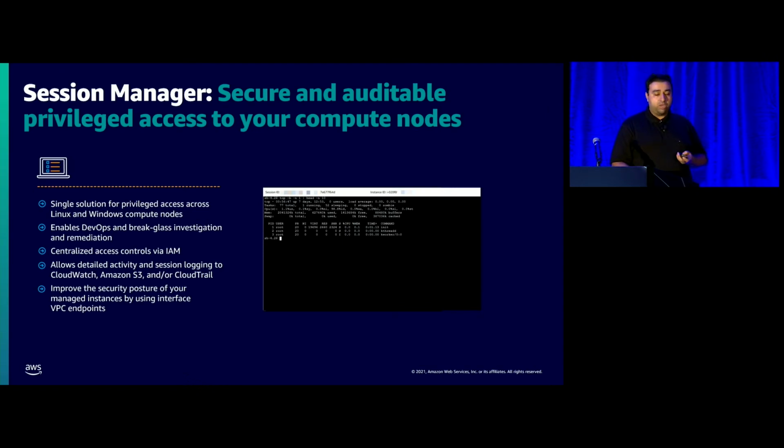You can have audit policies imposed on that. And not only that, it's optional for you to make sure that all the I/O that happens with the machine is saved in an S3 bucket. So you can see what your operator has typed in and what was the output. You pretty much get a replay of all the text that you get on the terminal console.